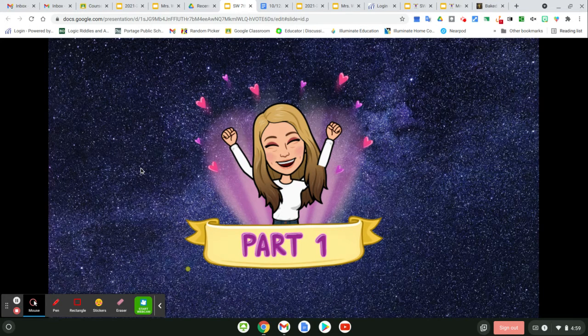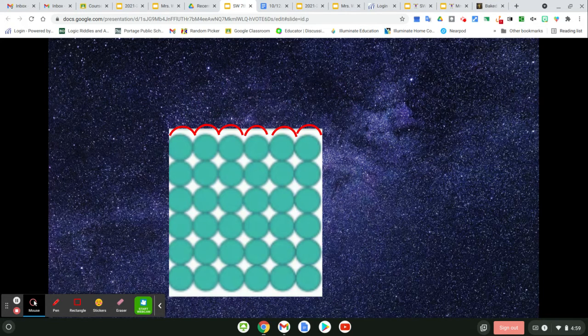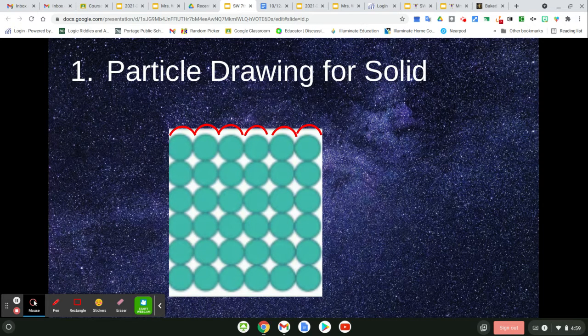Part 1, you had to make some particle drawings, and it asked you to make particle drawings of solids. So this is a particle drawing for solid, and notice that they are all in fixed positions. They are close together.